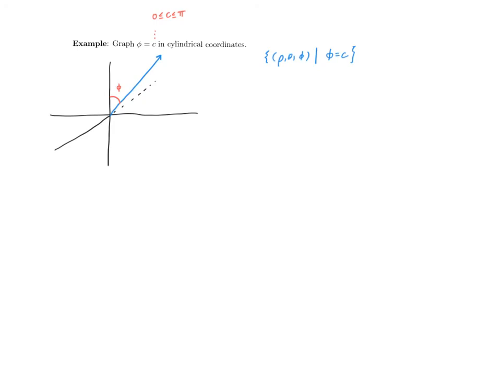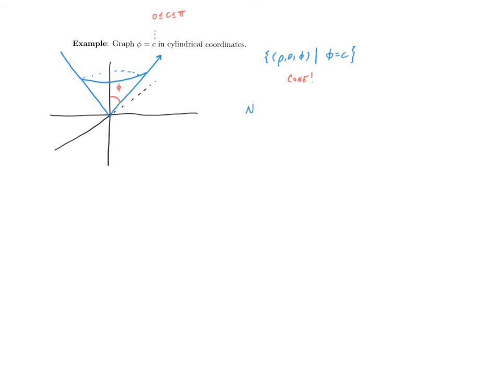And if we were to do that, what word would you use to describe this surface? And it is a cone. And we can very easily visualize this cone by simply taking the line segment we've drawn and rotating it around the z-axis.